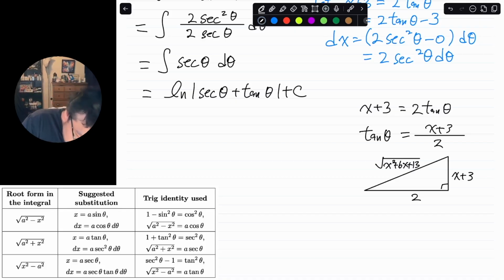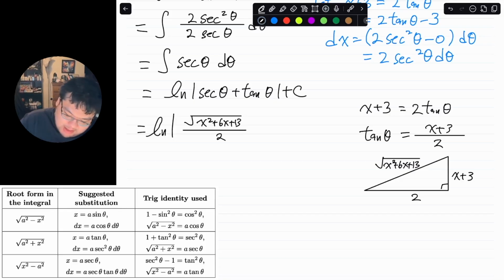Okay, so natural log of absolute value. What is secant? Secant is the reciprocal of cosine, right? So we will have the square root of x squared plus 6x plus 13 divided by 2, and then plus x plus 3 divided by 2.